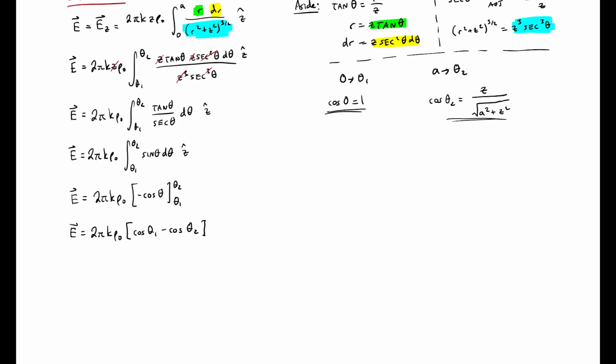So all we have to do now is plug that in, and we have 2 pi k rho naught times 1 minus z over the square root of a squared plus z squared.